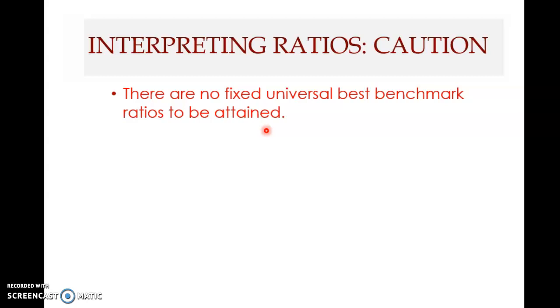There's no such benchmark. So it requires a lot of judgment and a lot of experience, before you can say that the ratio indicates some improvement or some worsening or deterioration in the performance or financial position of a company.